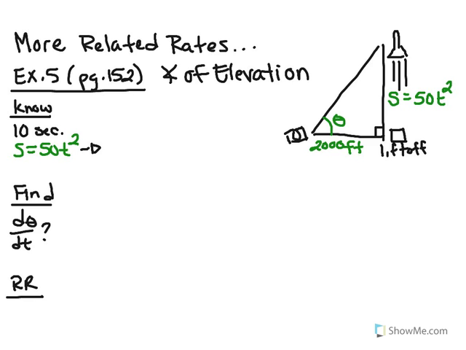And actually we're not going to solve it yet because remember that I need to know some more variables and some more rates. Think about what the derivative of this would be. What would I get if I did ds dt? The answer is I would have 100t. Because remember that this equation does not represent a set time.